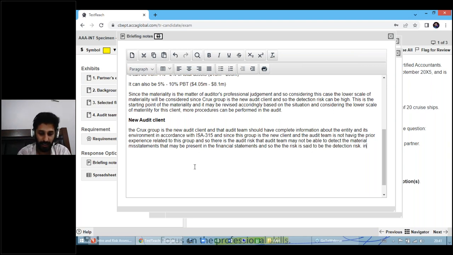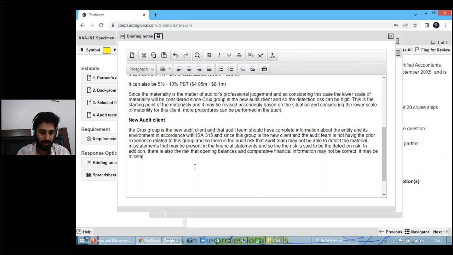So I am writing here, in addition, there is also the risk that opening balances and comparative financial information may not be correct.